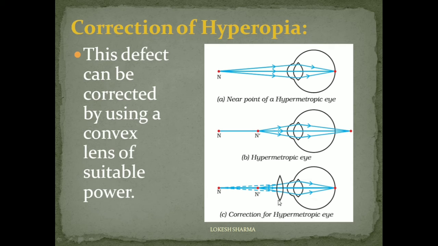So for this we use a convex lens, which is converging in nature. It converges the beam of light so that the image is formed on the retina. In other words, first we form the image of the object placed at N, at point N dash, and then we see that image.